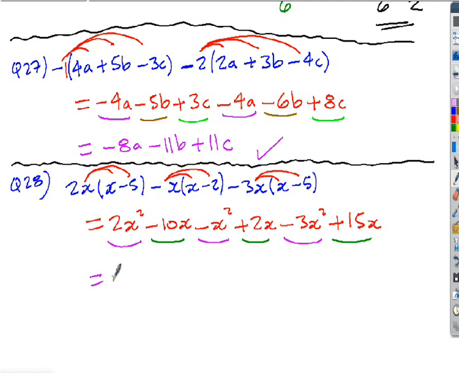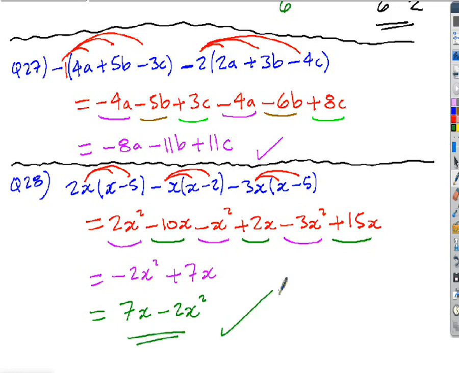That gives me negative 2x squared. Looking at my x terms, I've got negative 10x, positive 2x, positive 15x. So that gives a value of positive 7x. Again, we should really write the positive term in front of the negative term, so it's 7x minus 2x squared. I'll leave you to review the remaining questions.